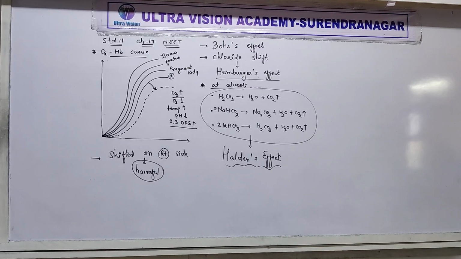So in blood, oxyhemoglobin is generated. But compared to that, CO2 concentration is low in the alveoli. So dissociation of all the components leads to release of carbon dioxide from blood back to the alveoli. This phenomenon is known as Haldane's effect.